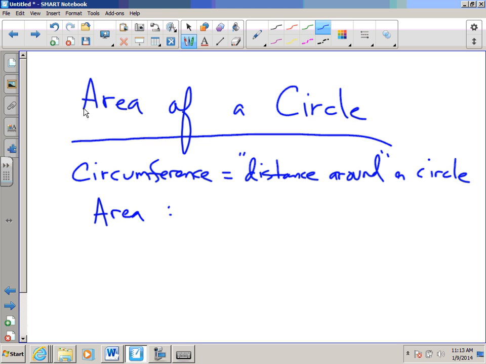If you were to define what area of a circle is really measuring, Liam? Yeah, it's going to focus on the inside. You know, space taken up.